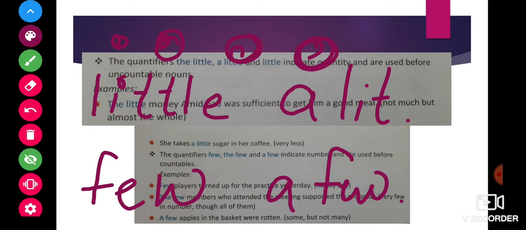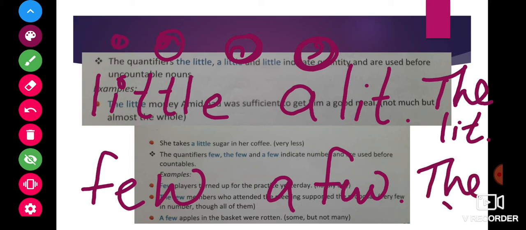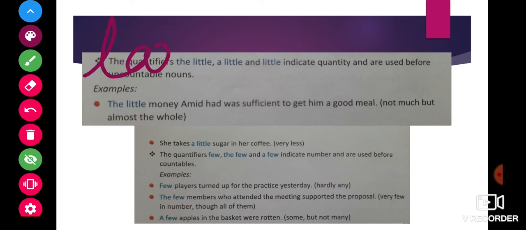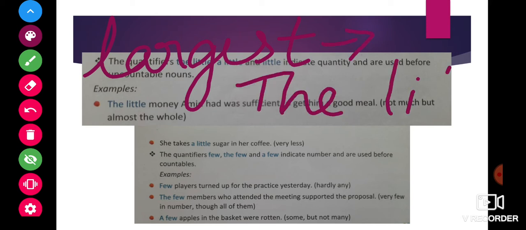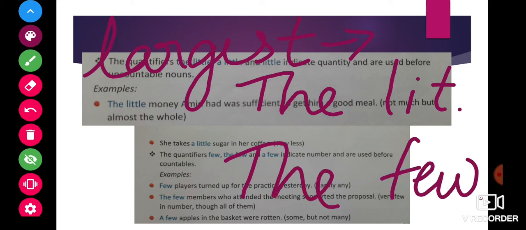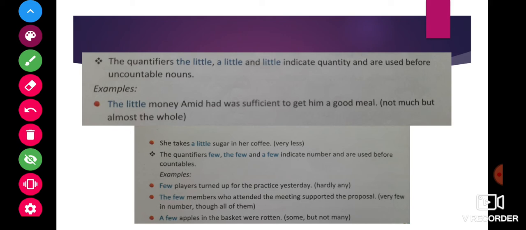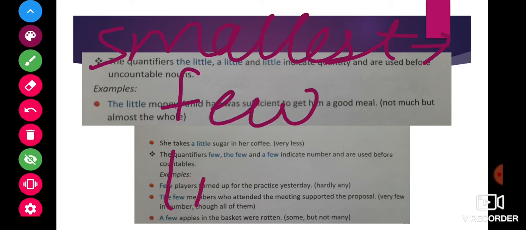And the maximum amount or maximum number will be the little or the few. That means the largest number or amount will be denoted by the little or the few. And the least, the smallest amount will be indicated by few or little.